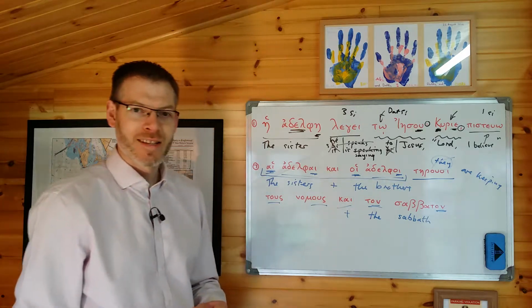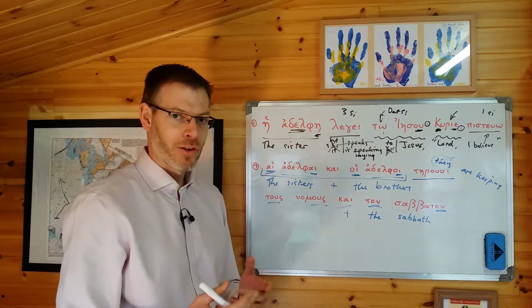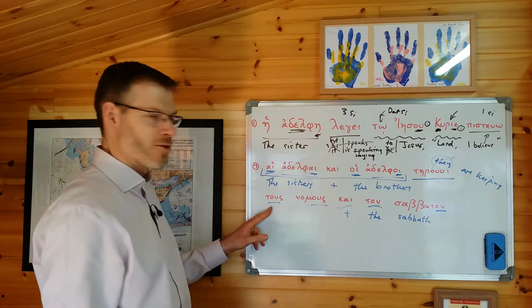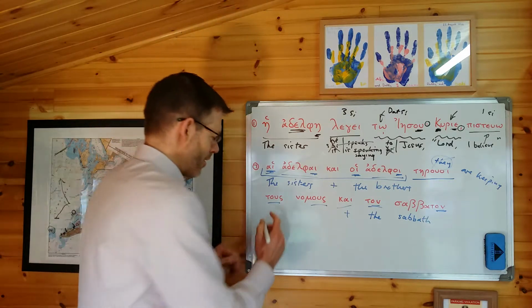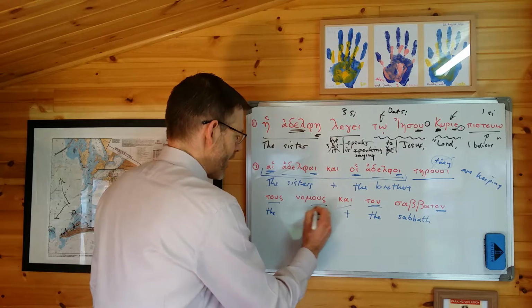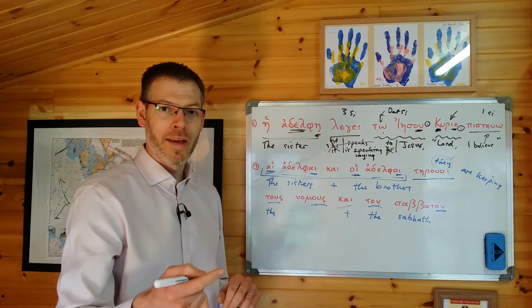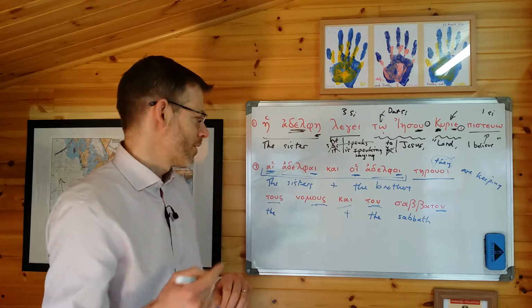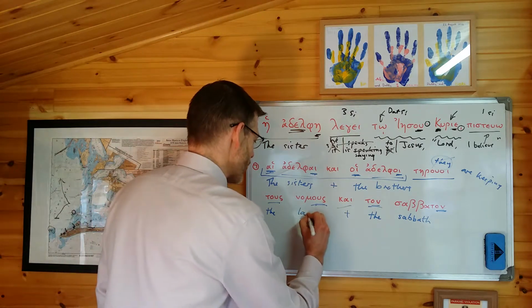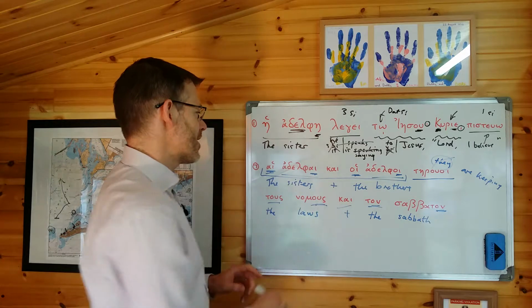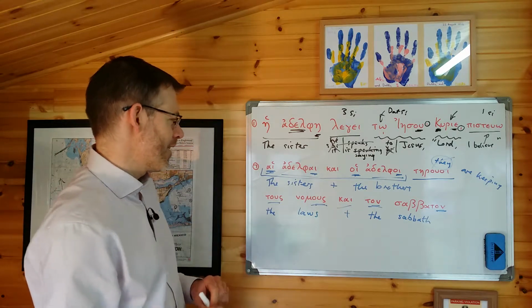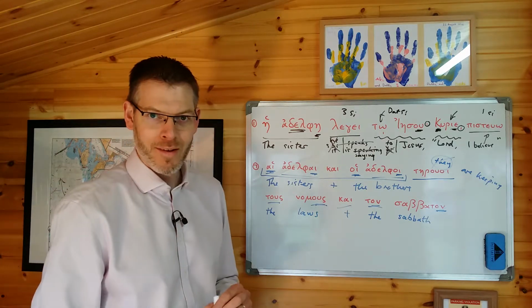I hope you did, because this is the accusative plural, not the accusative singular. Tous nomous. The and nomos, nomon, nomou, nomo, nomoi, nomous, nomon, nomois. The laws. The sisters and the brothers are keeping the laws and the Sabbath.